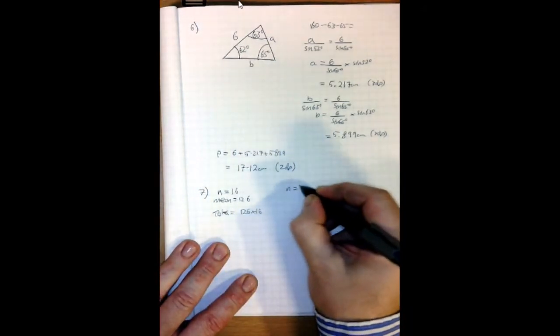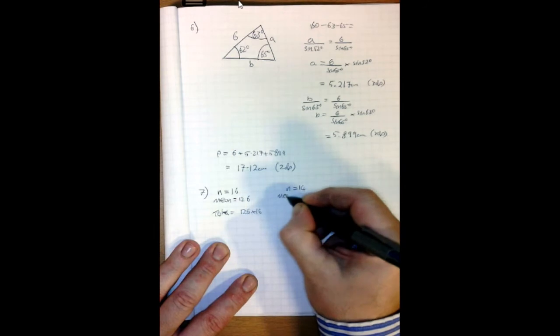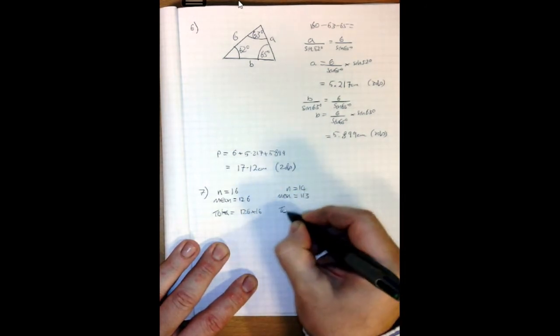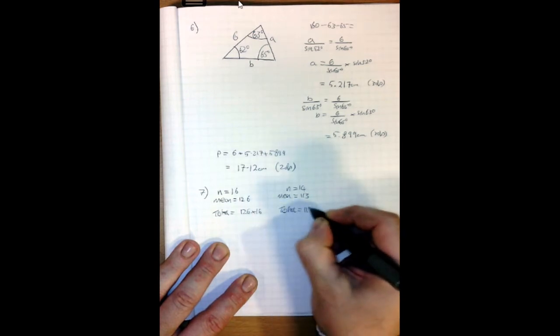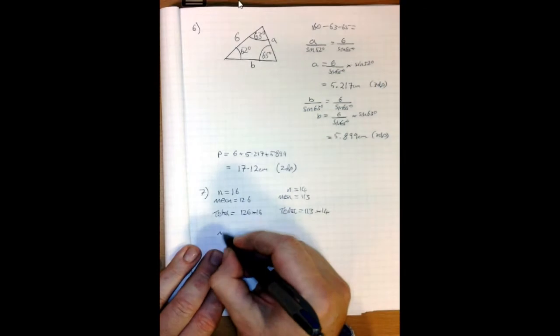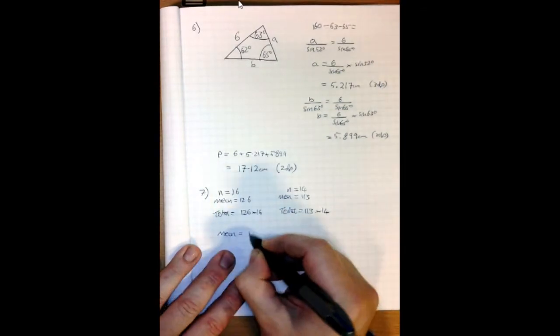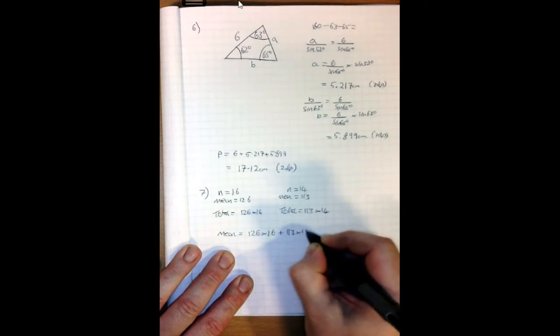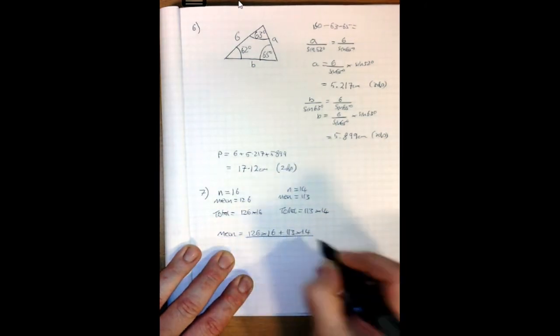So the overall mean then must be the sum of the two totals divided by how many pupils there are altogether. And it says 1 dp, so I'm typing in exactly that on my calculator.